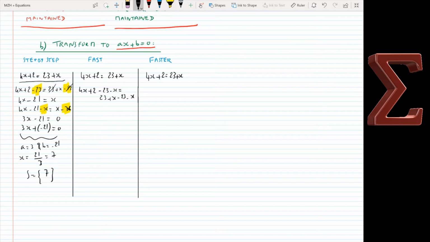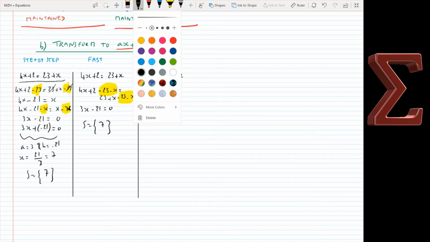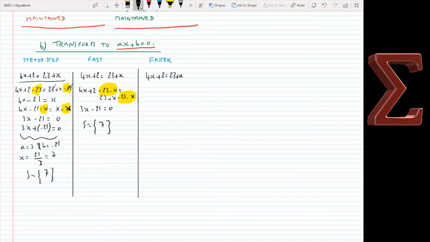I can do the development right away. This gives me 3x minus 21 equals 0, right? And I get to the same solution, just in fewer steps. Here I've removed everything on the right side in one shot. Of course, I maintain the equality because I removed the same thing on both sides, which means that I'm still solving the right equation, and x equals 7.